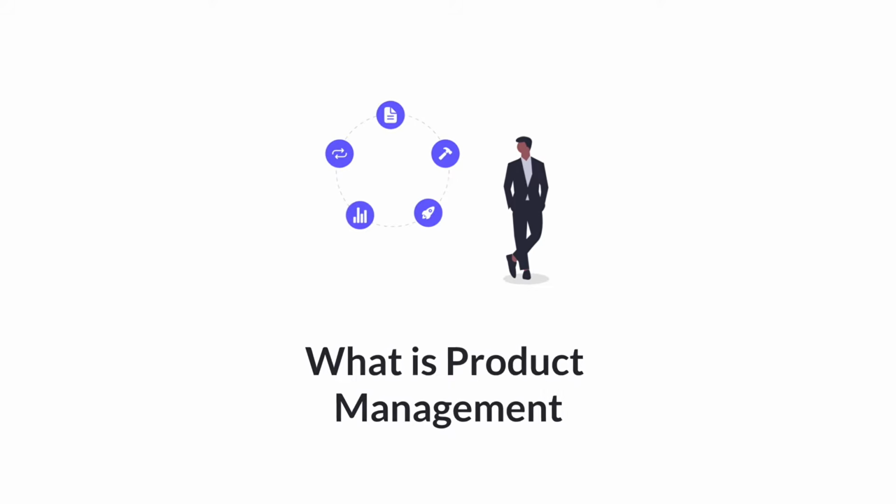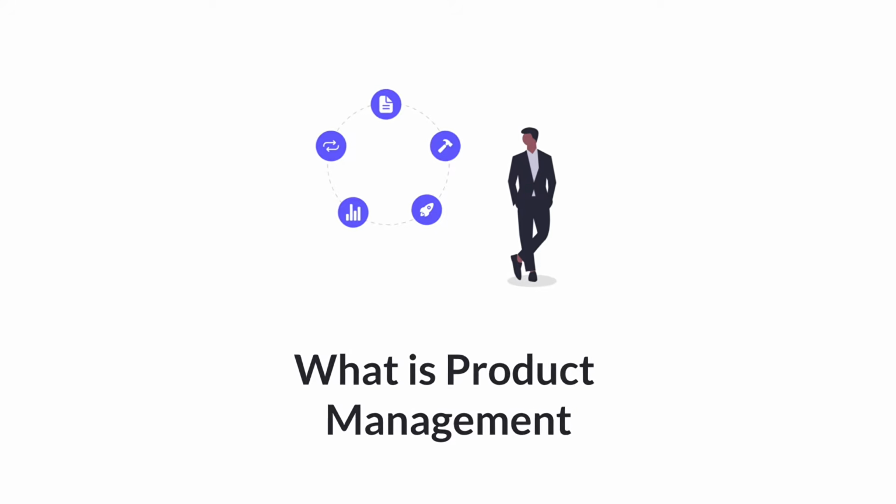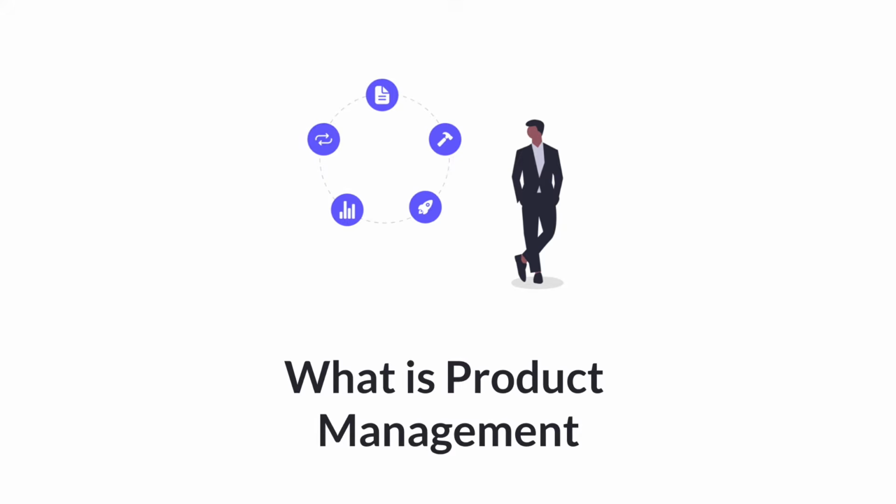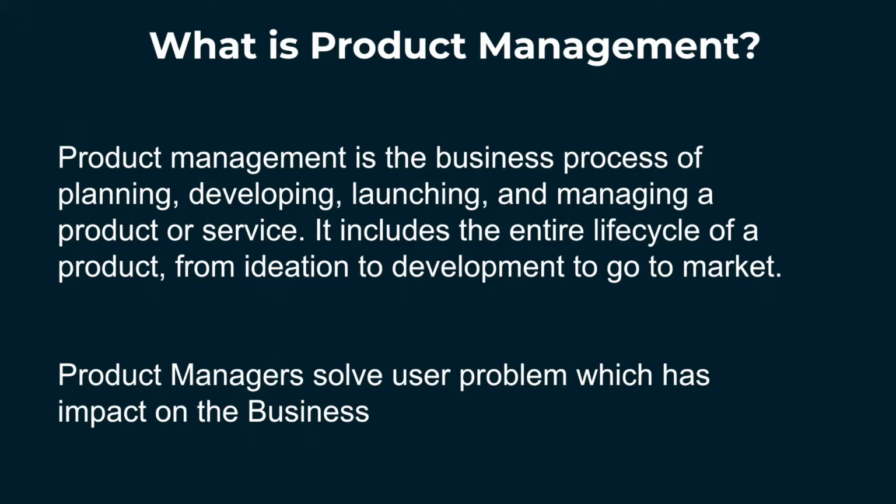So what is product management? Product management is the process of planning, developing, launching, and managing a product or service. It involves the entire life cycle of the product, from ideation to developing the product, to launching it, and then measuring the success of the product too. In a single line, who are product managers?